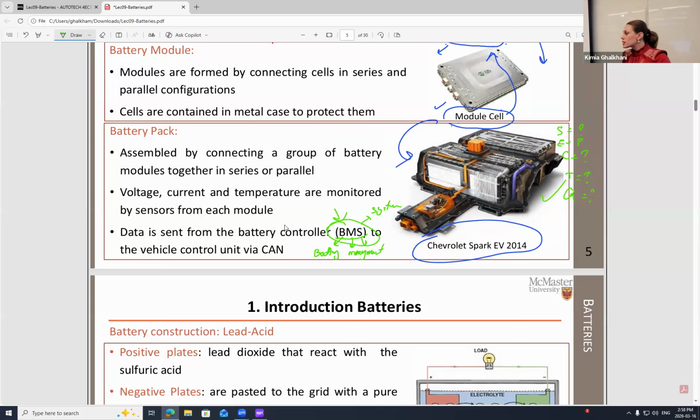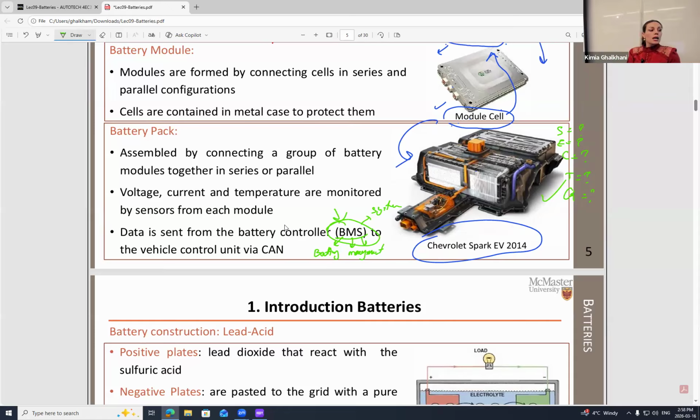For example, how many cycles the battery is going through, for how long more I'm going to have the battery, how much of the battery has been already used, meaning state of charge or state of discharge. State of health means, is it going to be overused, too much chemical reaction or not, and so on. Therefore, in order to not only monitor but also control all of this, I need to design a controller. Therefore, battery management system is a controller, right?